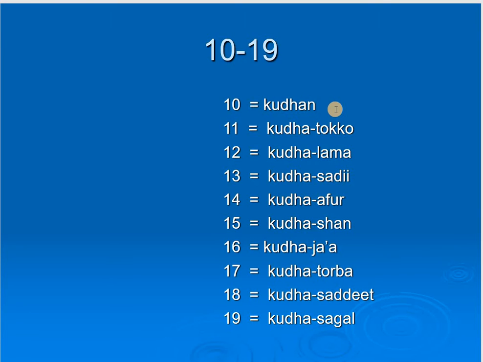It is a matter of dialect that differentiates the two, otherwise the meaning is the same. Kudan is 10, and it doesn't resonate with the number 1, Tokko. The number 10 and the number 20 don't have the same name or sound as the others, but the others do. We'll come to that.